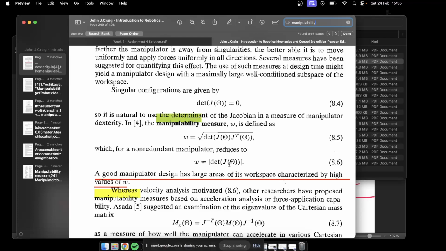So this again puts weight to the claims which I was making in previous discussion hours, that when the arm is fully extended or fully retracted, it loses 1 degree of freedom, right?